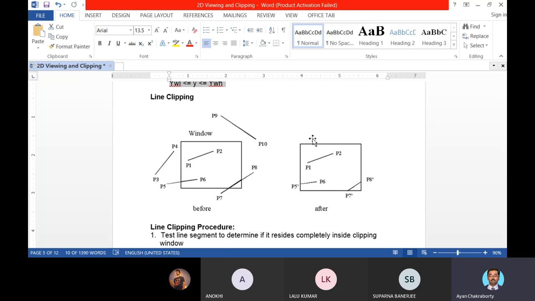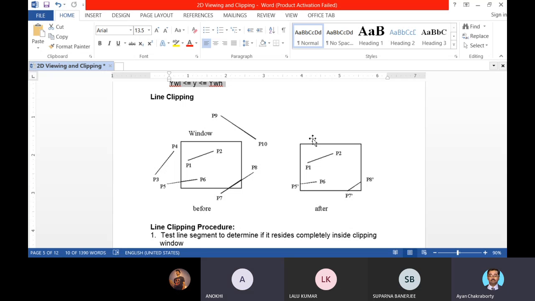Can anyone tell me what are these three different kinds of visibilities we have? According to the condition, what are the three different visibilities? Any one of you?